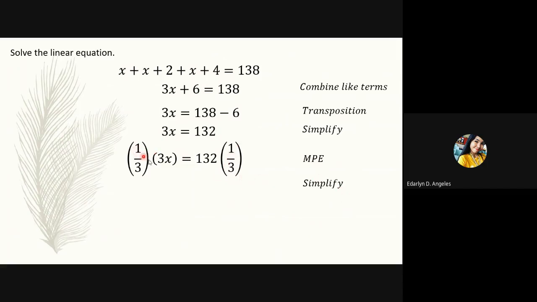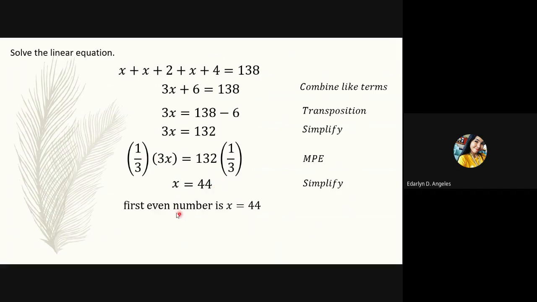So we have here 1 times 3 is 3, 3 times 1, the denominator here is 1, so that's 3x over 3, or 1x, or simply x. Okay? And then equals 132 times 1 is 132 divided by 3, the answer is 44. So we now already have the value for x. So going back to the given, again, our x is our first even number.